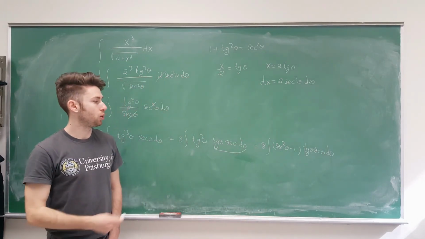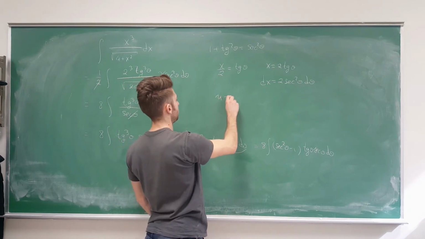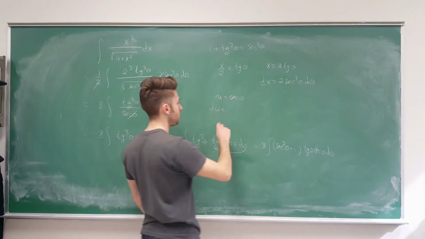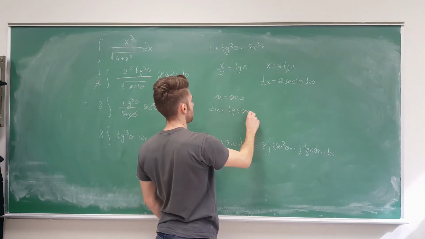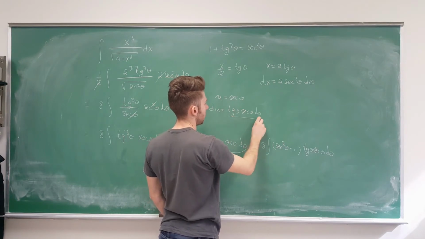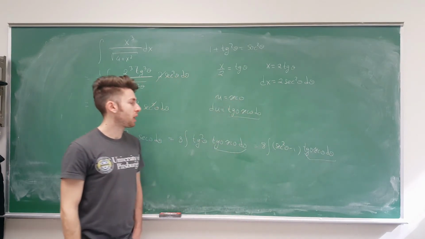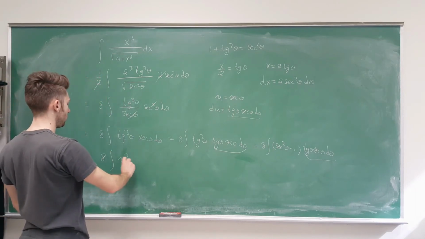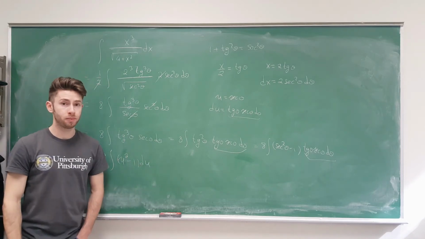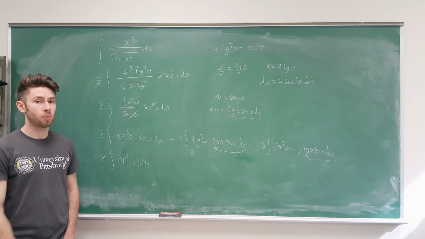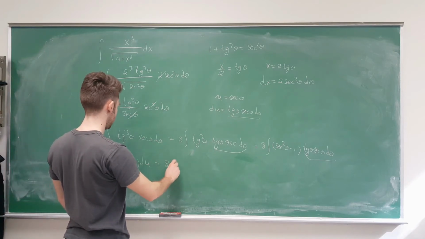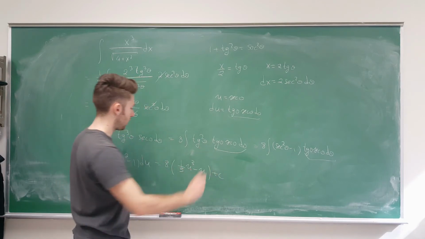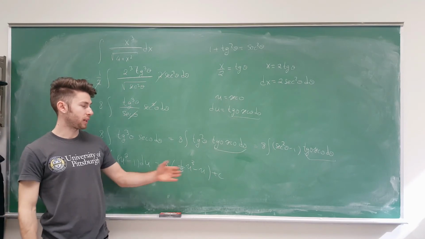So now I can do u equals secant theta. Du is going to be tangent secant. So that becomes 8 integral u squared minus 1 du. And this just powers, so one-third u cubed minus u, and we're done with the integration part.